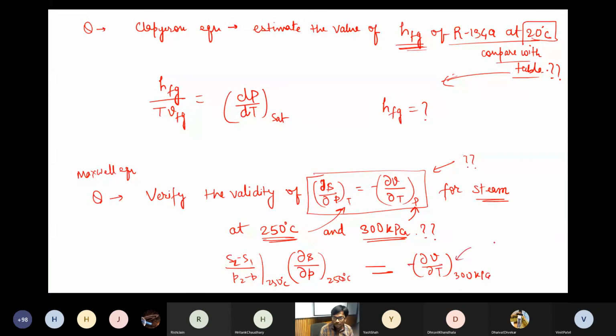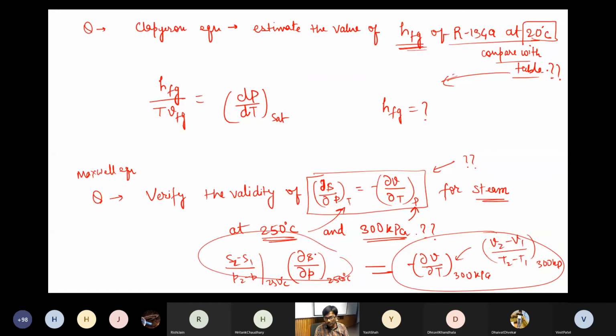It means you check V2 minus V1 by T2 minus T1 at this particular pressure, 300 kPa in the table, whether the right hand side is matching with the left hand side or not. And what is the error that you incur?